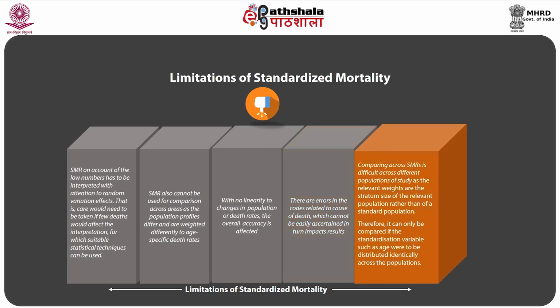Number 5. Comparing SMRs across different study populations is difficult, as the relevant weights are the stratum sizes of the relevant population rather than of the standard population. Therefore, it can only be compared if standardization variables such as age are distributed identically across the populations.